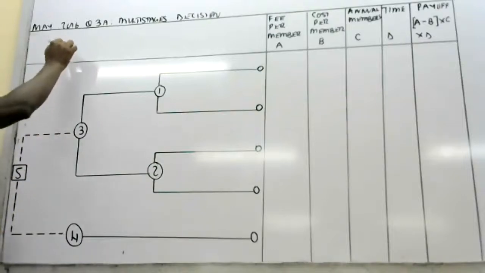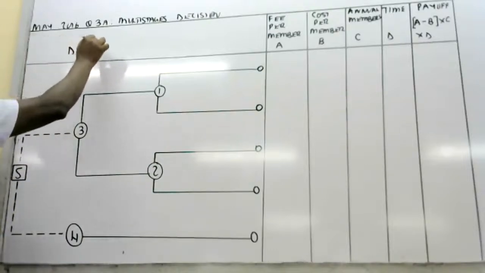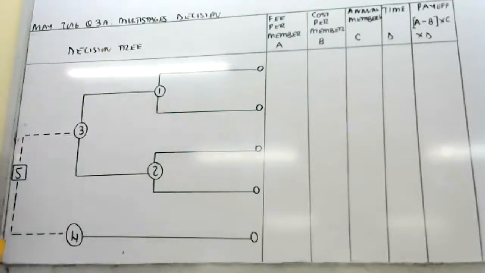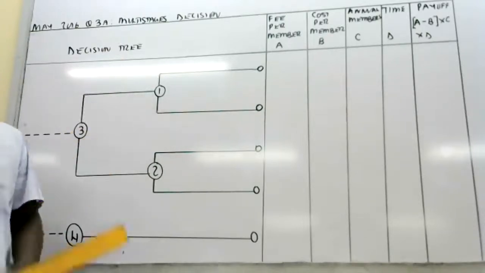So this is the decision tree. That is how it's drawn. The workings are not very many, but all right.